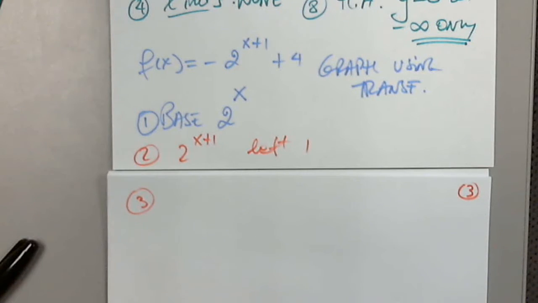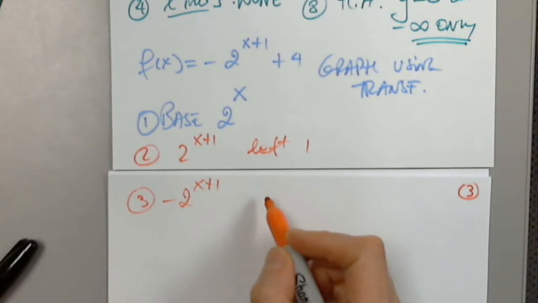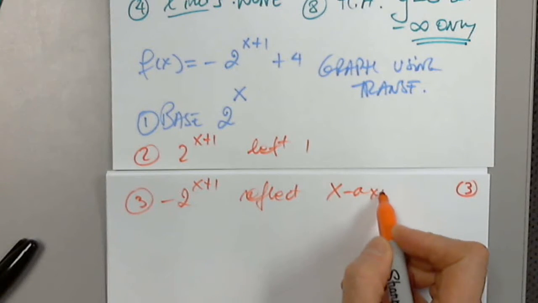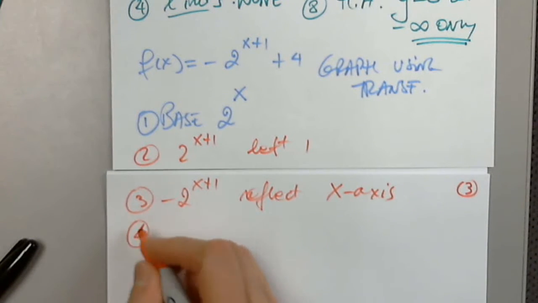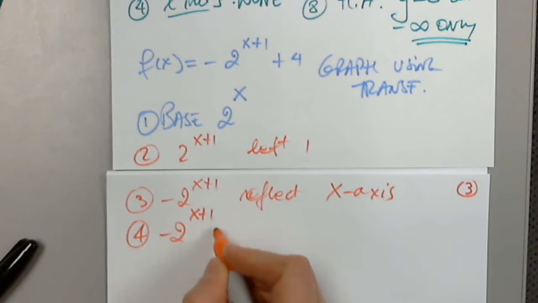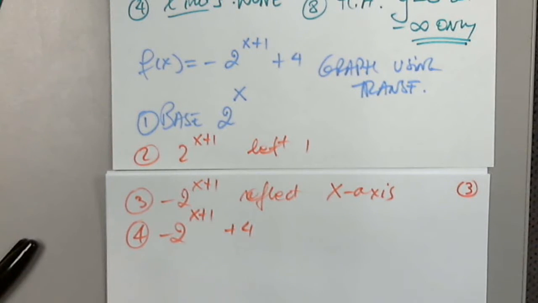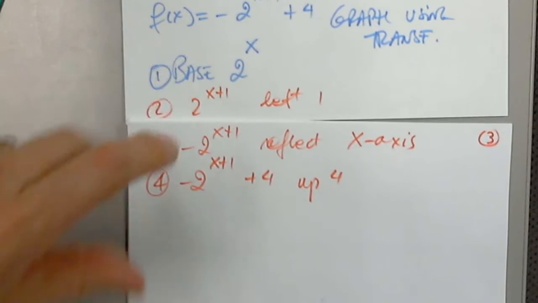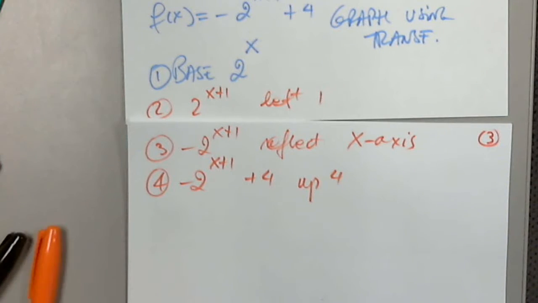Plus 4? No, I cannot do that. In order of operations, I cannot. Oh, reflection. Yes, indeed, -2 raised to x plus 1, reflect with respect to the x-axis. Very good. And the last one, number 4, is -2 raised to x plus 1 plus 4. So this is indeed up 4. Very good. Awesome.